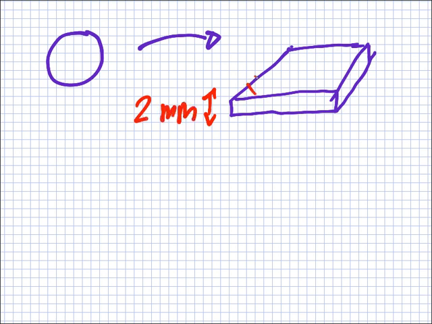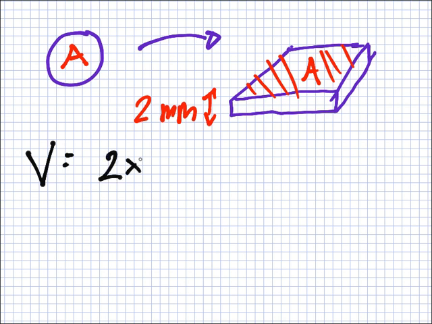And this here is the area, and it'll be the same as this area. So the volume will equal 2 times 10 to the minus 3. That's this piece.